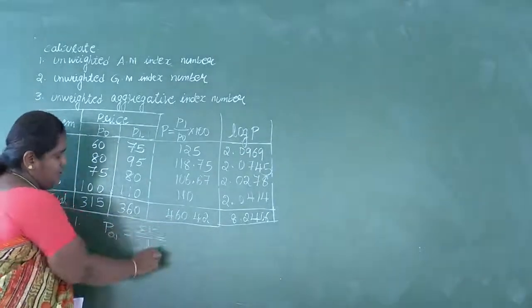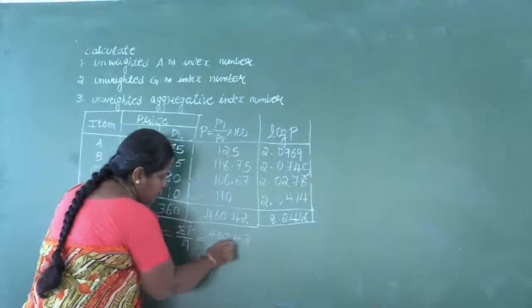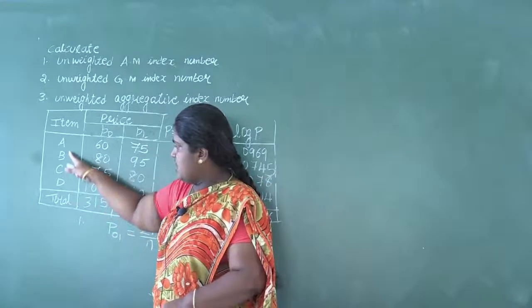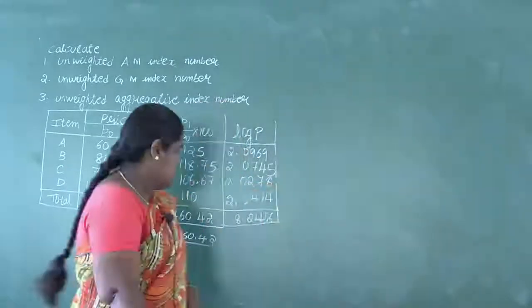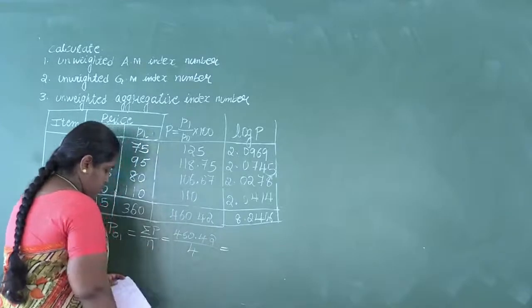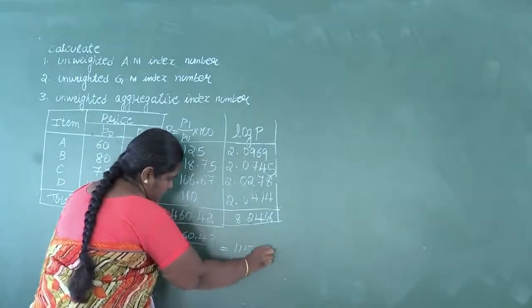From the table we get 460.42 and N is the number of items. How many items are there? 4. So 460.42 divided by 4 is 115.105.